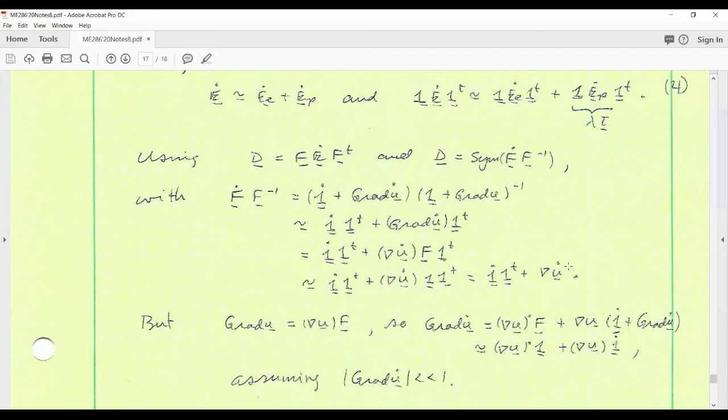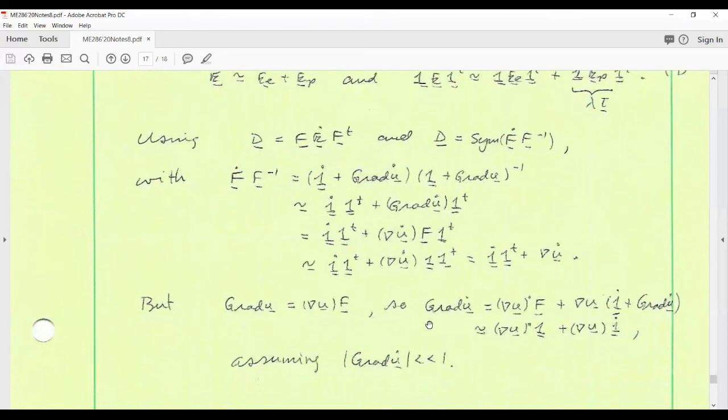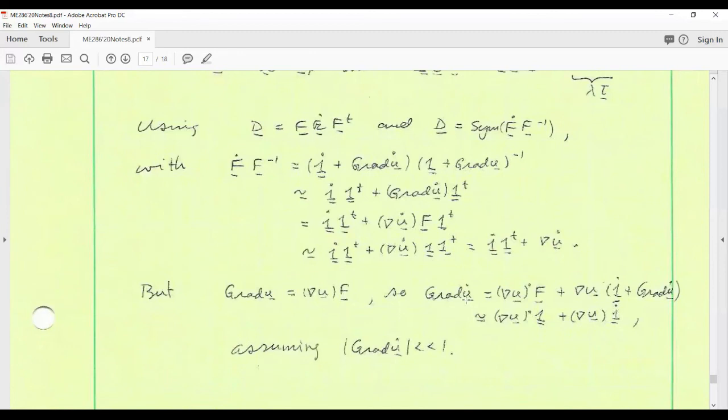I'd like to replace that by the dot of something, not just by the shifted version of the dot of something. Let's see if we can do that. Referential grad U is spatial grad U times F exactly. Take the dot of that equation. The referential grad commutes with the time derivative, right? So you can take the dot first and then take the grad.